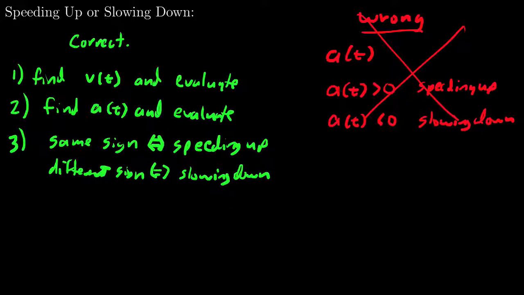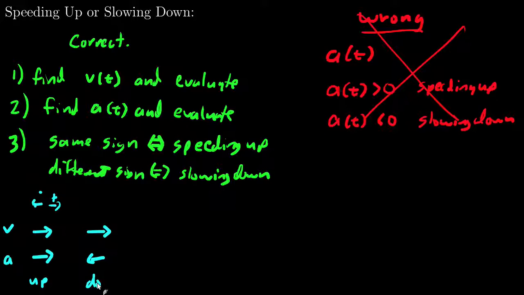And here's why. So let's say right is positive, left is negative, and we'll have the velocity, we'll have the acceleration. If it's moving right and accelerating to the right, it'll be moving right faster, speeding up. If it's moving right but accelerating left, it will be moving right at a slower and slower rate, because this acceleration will be taking speed off of it.